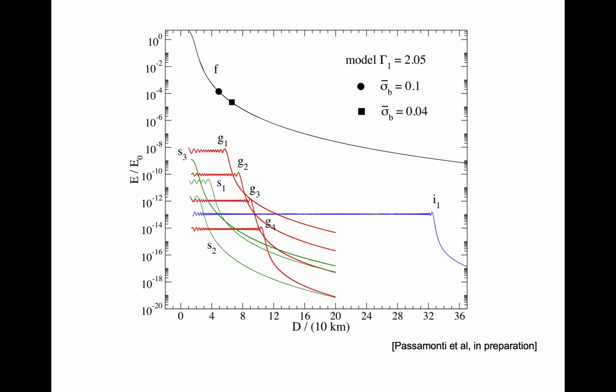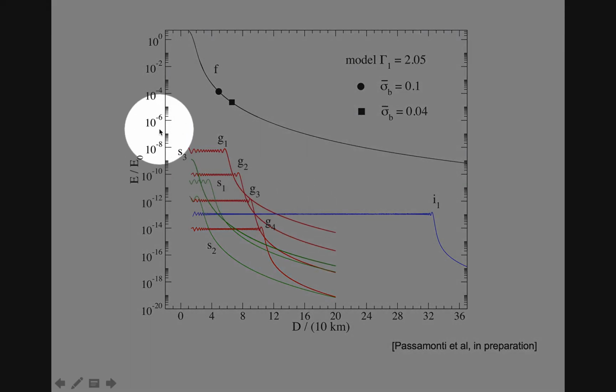what happens is, if you look at the excitation of the individual modes, here's an example from work in progress that I'm doing with Andrea Passamonti in Rome. What we're showing here is the dimensionless energy deposited in a mode at a given binary separation in tens of kilometers.